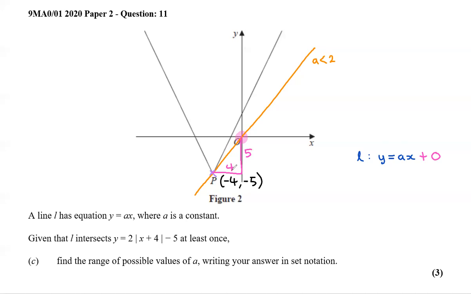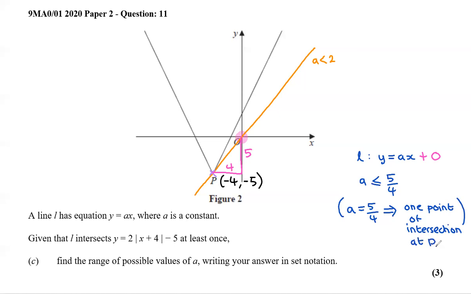But we have now just deduced that A has to be less than or equal to 5/4. When A is equal to 5/4, we have 1 point of intersection at P. So I might as well state that. I hope that makes sense. All right, so that's one condition.